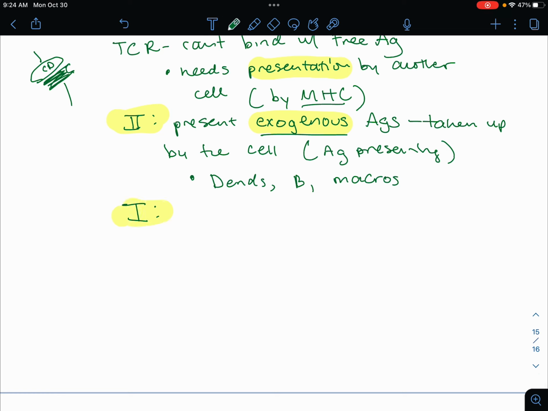is something different. These are going to be endogenous antigens. Endogenous means that it's made within the cell.